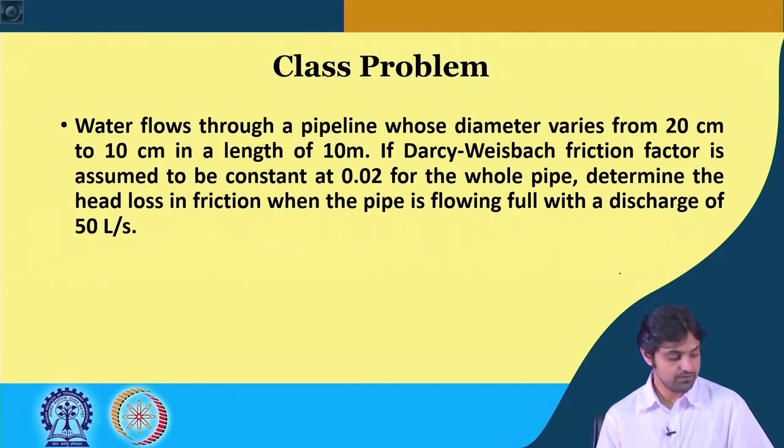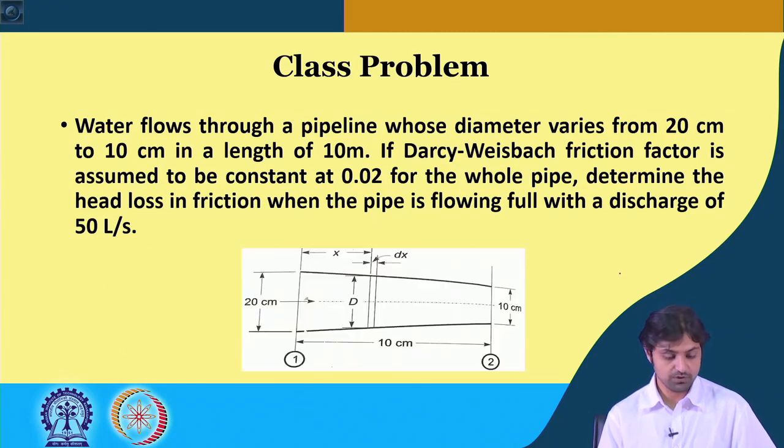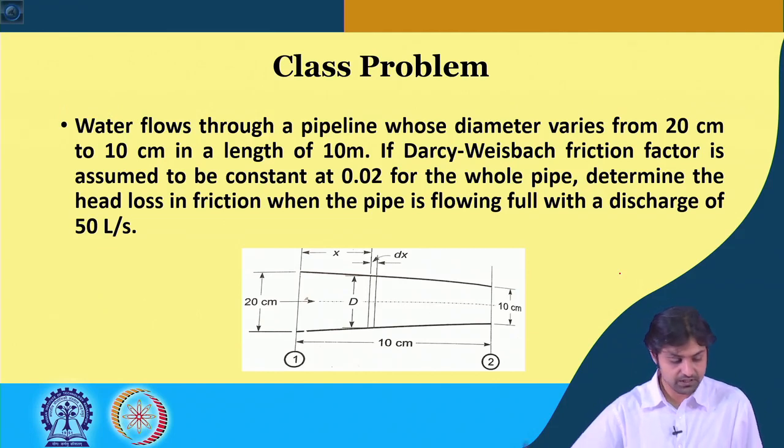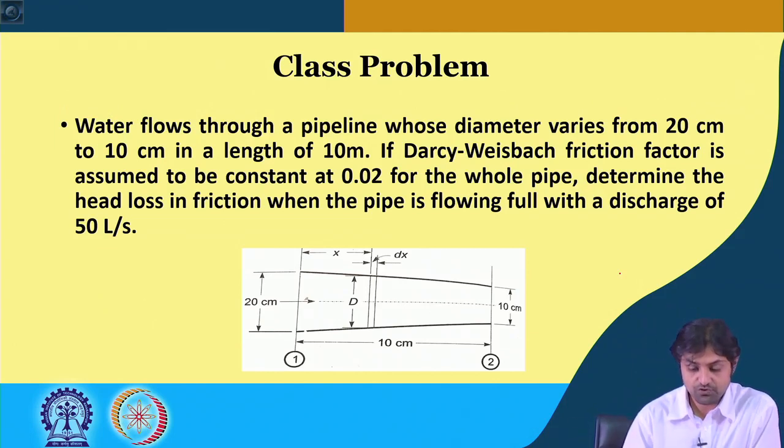Before going to how to find out this epsilon by D, I have a small class problem which we are going to solve. The question says that water flows through a pipeline whose diameter varies from 20 centimeters to 10 centimeters in a length of 10 meters.